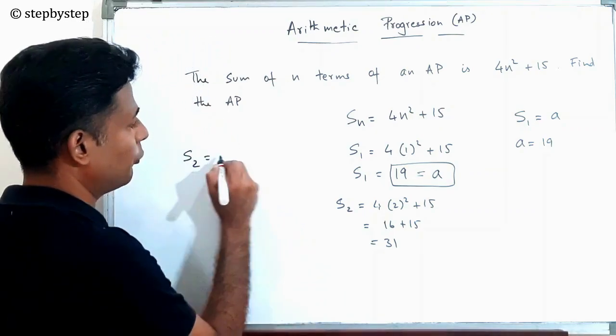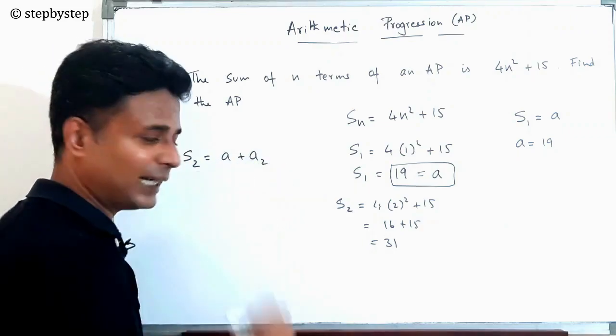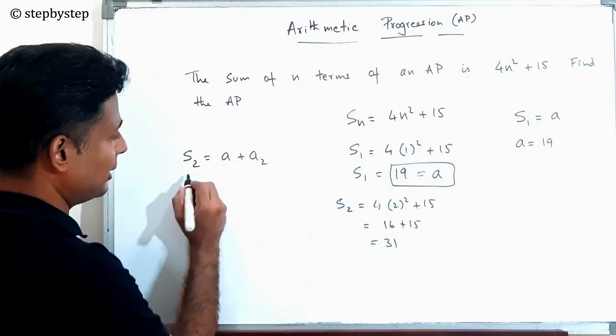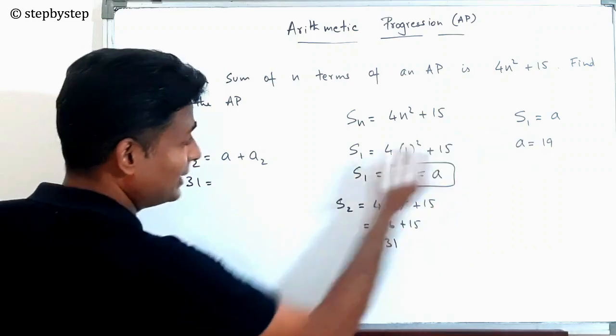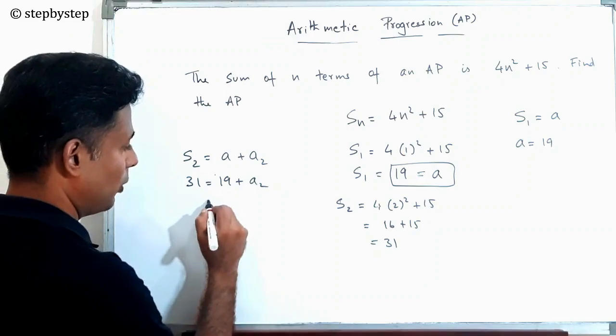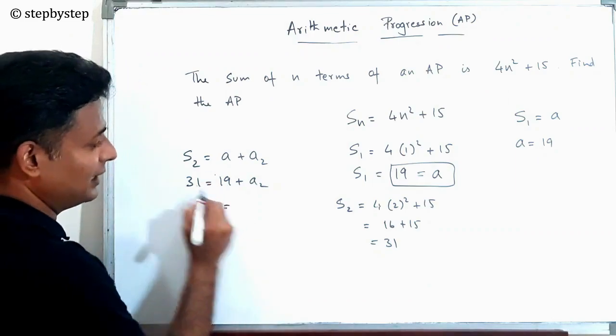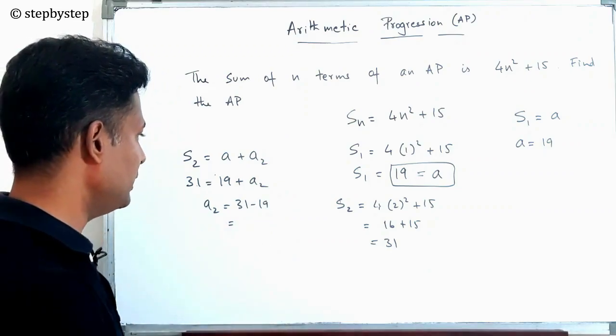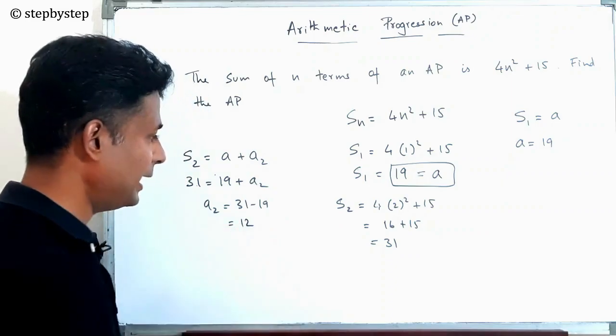S of 2 is first term plus second term, right? So now we know S of 2 is 31, we know A is 19, we can find the second term. So what will be A of 2? 31 minus 19, which is 12, right?